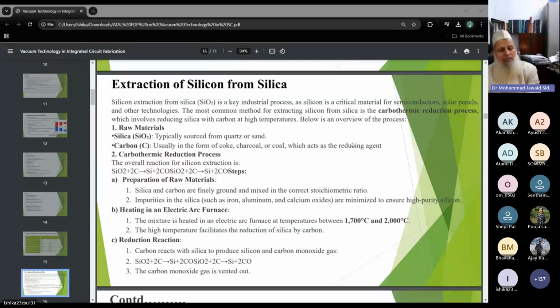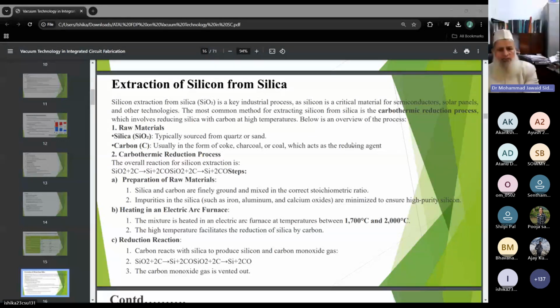So silicon is a very important material needed in the electronics industry, and it can be very easily extracted from silica. It is a critical material for semiconductors, solar panels, and other technologies.